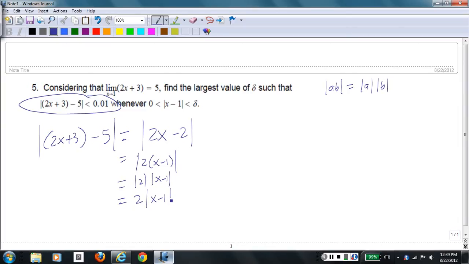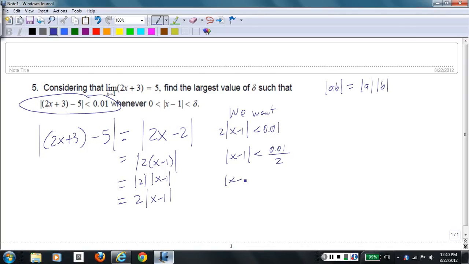Now, we want this expression to be less than 0.01. So we want 2 times the absolute value of x minus 1 to be less than 0.01. It looks like that's going to happen when the absolute value of x minus 1 is less than whatever 0.01 divided by 2 is.